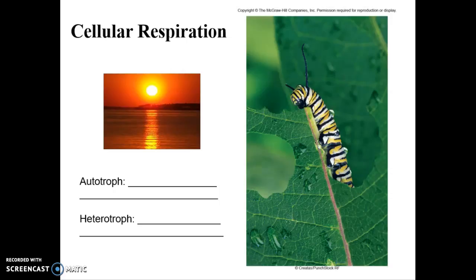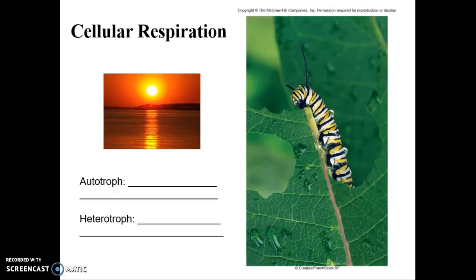So that nice sunset or sunrise image that we're looking at provides the energy source for producers to be able to run photosynthesis. Heterotrophs are organisms that derive their energy from consuming or eating autotrophs. Either they eat them directly or indirectly.